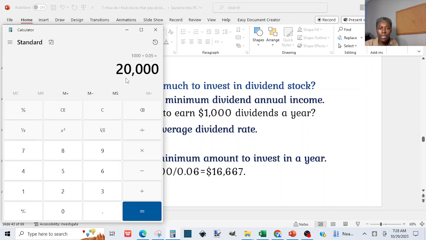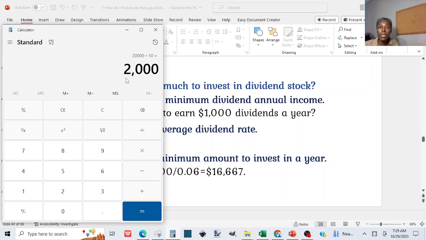So okay, maybe I cannot save $20,000 in 1 year, but what if I say 10 years to reach that goal? That by year 10, the account should be able to generate $1,000 in dividend a year. You take that 20,000 divided by 10, it gives you 2,000.